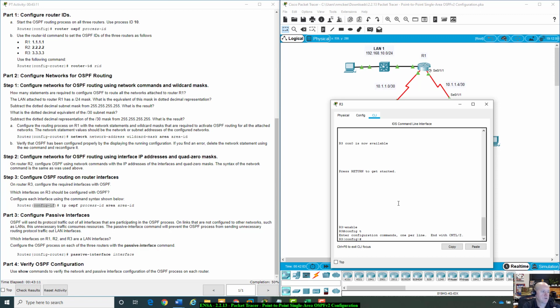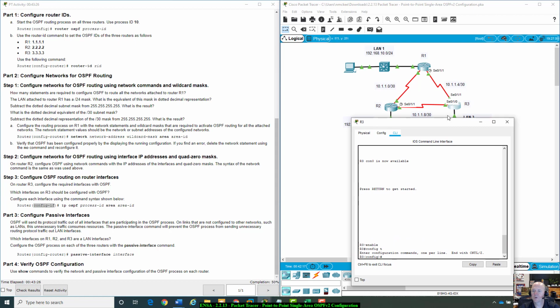So this is more steps, but this maybe makes more sense to some people. ip ospf, process ID 10, or I'm sorry, I'm about to mess it up.